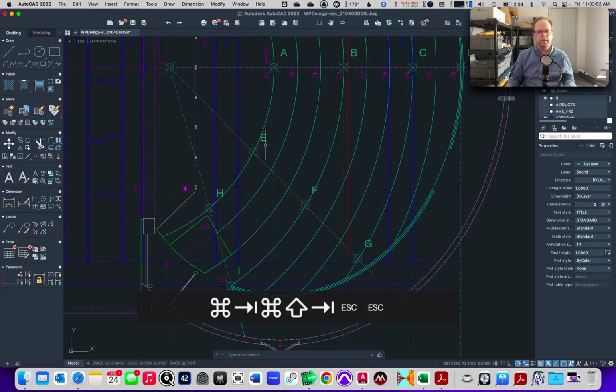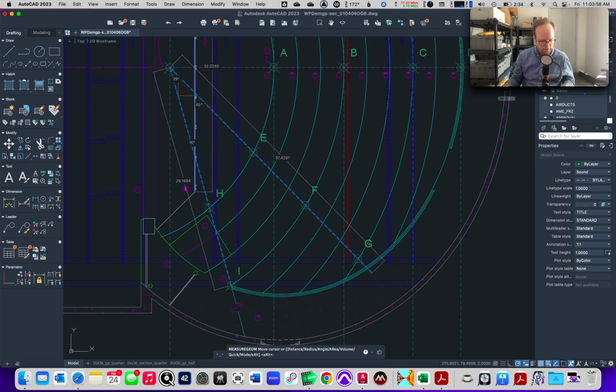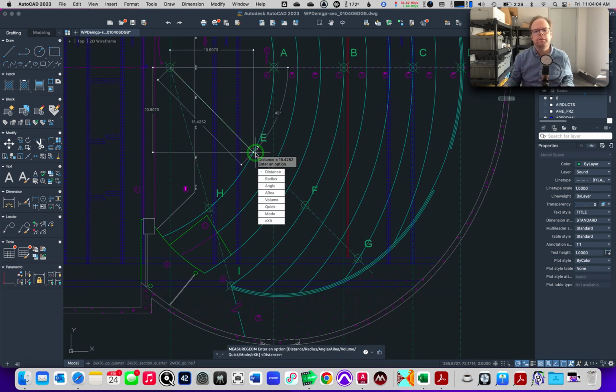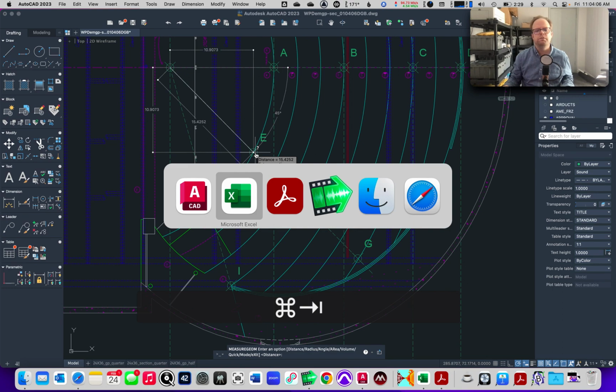So over here, if I measure, and I'll make sure I get the exact right thing here, seat E is 15.4252.